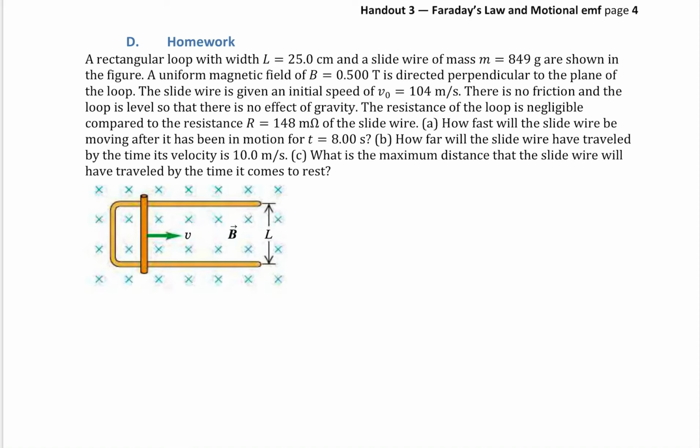Well, it's going to slow it down. We'll see that it's slowed down by the field, and you can get hints of that if you look at part B: how far will the slide wire have traveled by the time its velocity is 10 meters per second, much slower than what it started at. And what is the maximum distance that the slide wire will have traveled by the time it comes to rest?